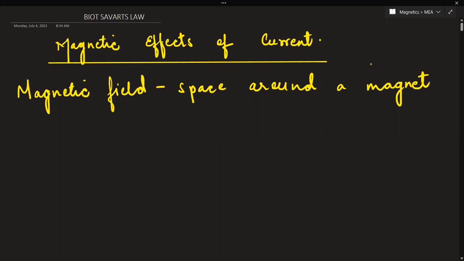Understanding of concepts is easier in magnetics whenever you study magnetism. Similarly, it is the space around the magnet. Now, what happened in case of electric field? It was the space around a charge where electrical properties existed. We could feel the force of attraction or repulsion whenever the test charge was brought towards the source charge. Similarly, it is the space around a magnet where magnetic properties can be felt.